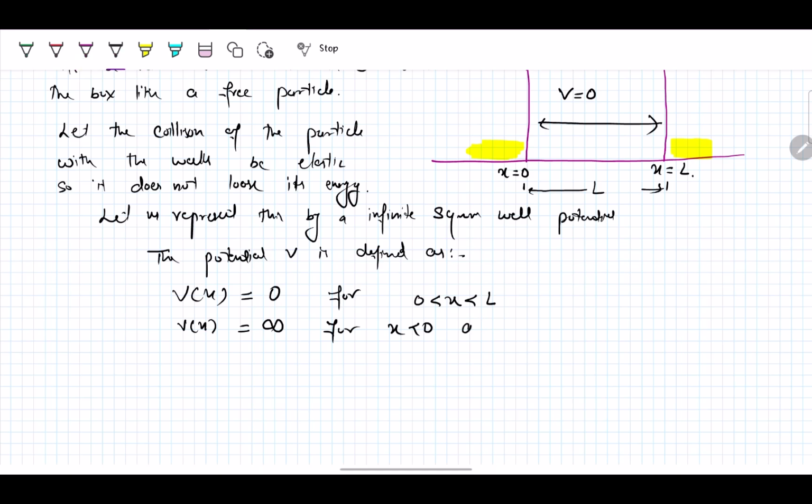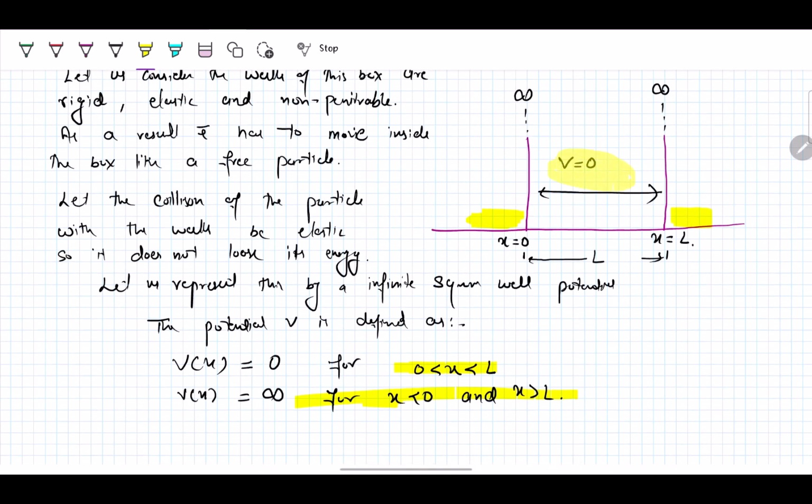Okay, and x greater than L. For these two conditions, the potential is equal to 0 when the particle is inside this box, all right, and this potential is infinite if the particle is outside this box. So outside we have two regions, one is x less than 0 and the other is x greater than L. Okay, these are the two regions where the particle may be outside.